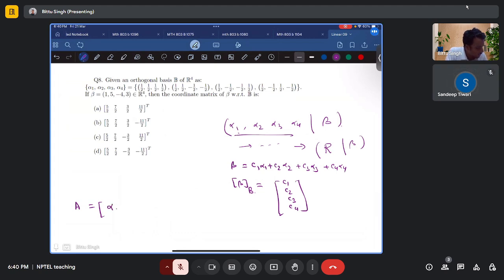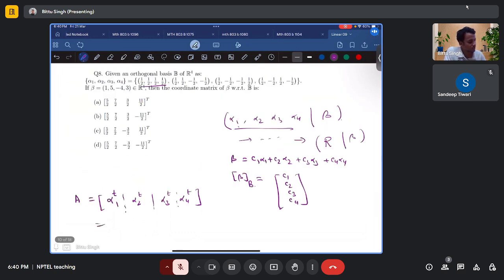Suppose we make a matrix like this, A equal to alpha 1 in the first column, so alpha 1 transpose, alpha 2 transpose, alpha 3 transpose and alpha 4 transpose. Then this is actually the same as half, half, half, half.